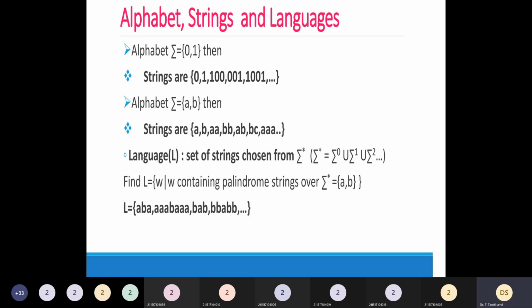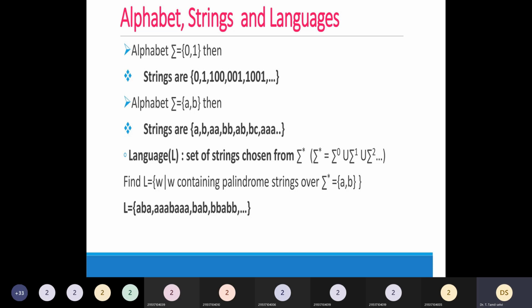And coming to the second example, we are taking the alphabet a, b. In this, we are forming the strings a, b, and then abb, bab, bbc, etc. The next one, language, is nothing but the collection of strings over the alphabet a, b.